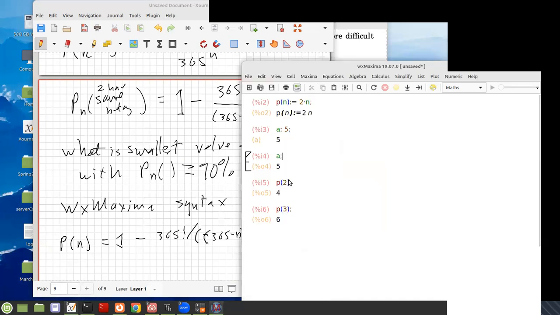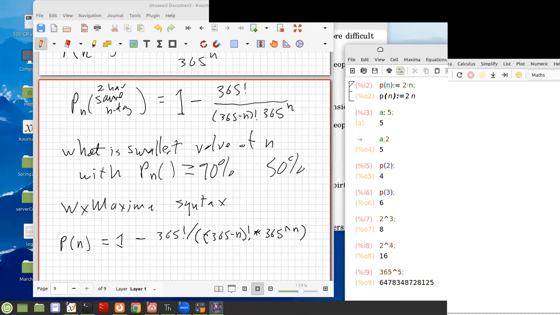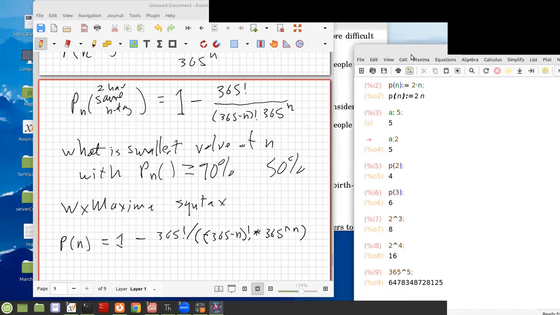Let's just check that 2 caret 3 should be 8, and 2 caret 4 should be 16. So that's giving you the right answer. You can see that 365 caret 5 would be some big number, and you'd be doing it with n inside this function.